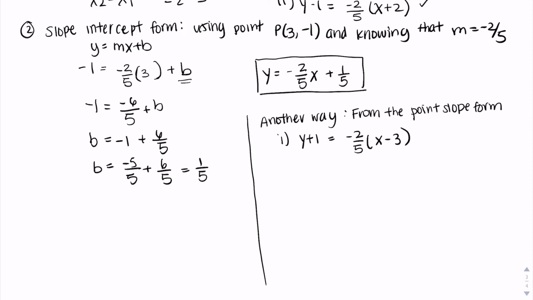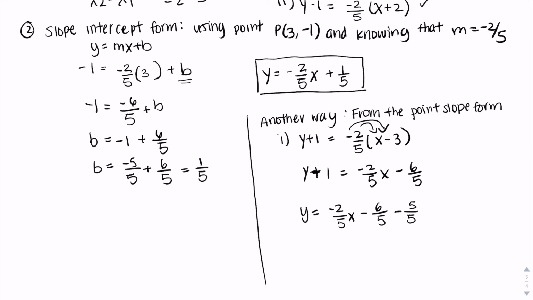If you distribute it, you will get negative 2 over 5x minus 6 over 5, and then you want to solve for y, so you move the 1 to the other side: y equals negative 2 over 5x minus 6 over 5 minus 5 over 5. And you will get the same answer of y equals negative 2 over 5x plus 1 over 5.